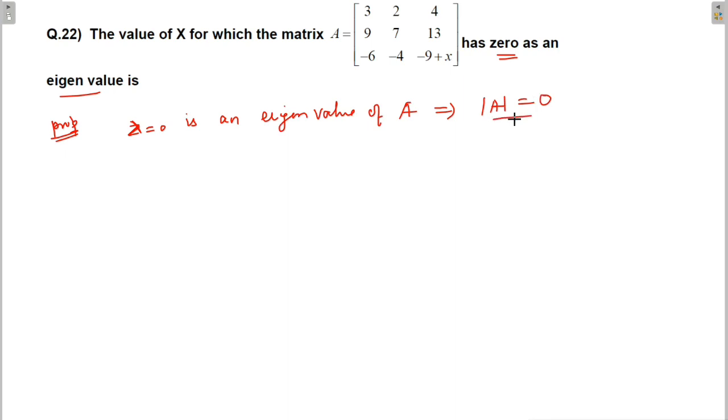So by using this condition, if you find the determinant of this matrix, you may get x is equal to 1.